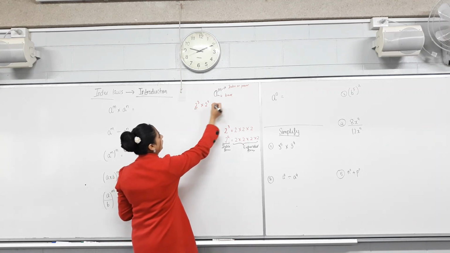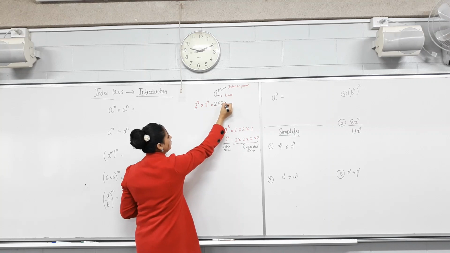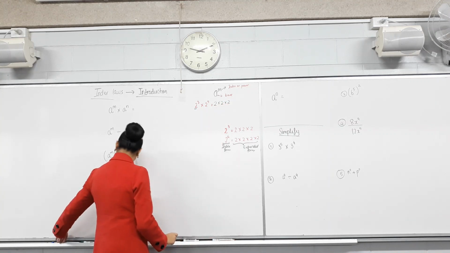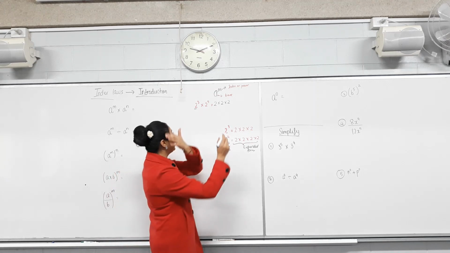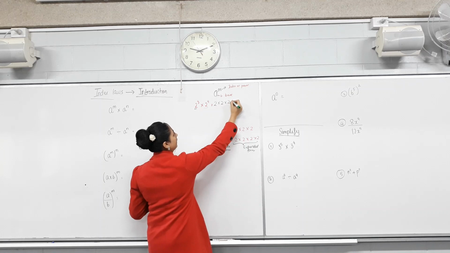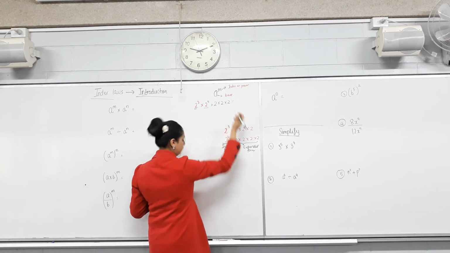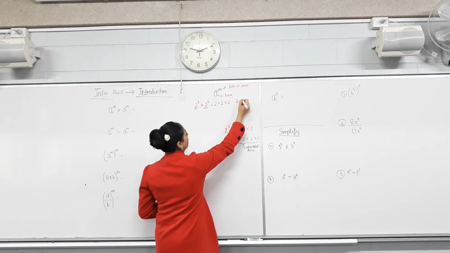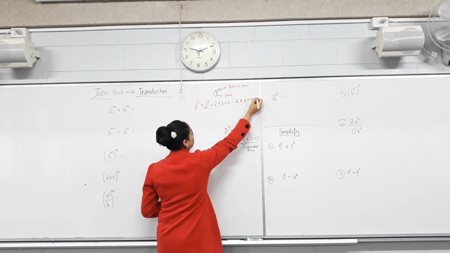So can I write it as 2 times 2 times 2? Yes? Now, using a different color, I'm going to write 2 to the power of 4 as expanded as well: 2 times 2 times 2 times 2.